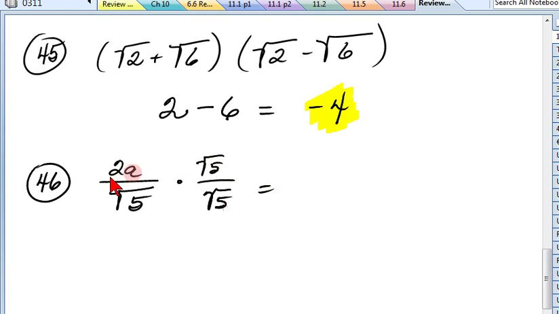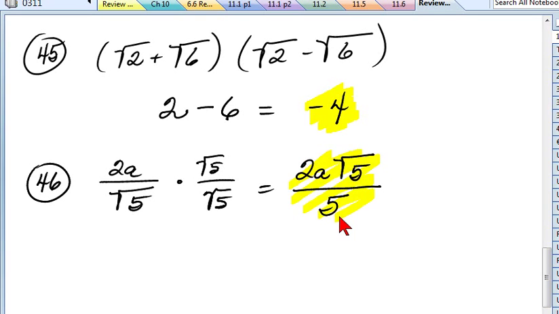All right, multiplying the tops, well, that's rational, that's irrational. All I can do is sit them close to each other. 2a times the square root of 5 over, what's the square root of 5 times the square root of 5? It is rational 5. It is the square root of 25, but that turns into 5. There's nothing I can simplify. There's nothing I can reduce. I'm done.